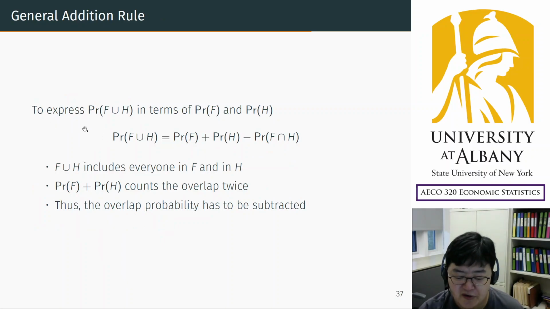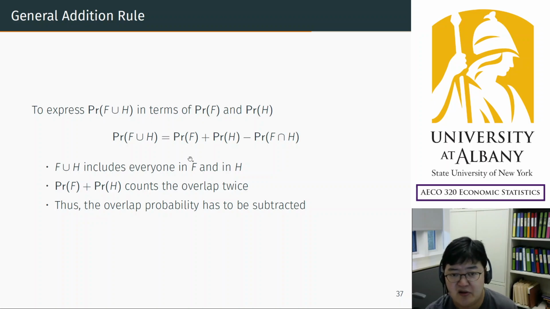And another theorem that we can extract from that observation is the relationship between the probability of the union and the other probabilities. So think about the probability of the union, F or H. Remember, union is "or."